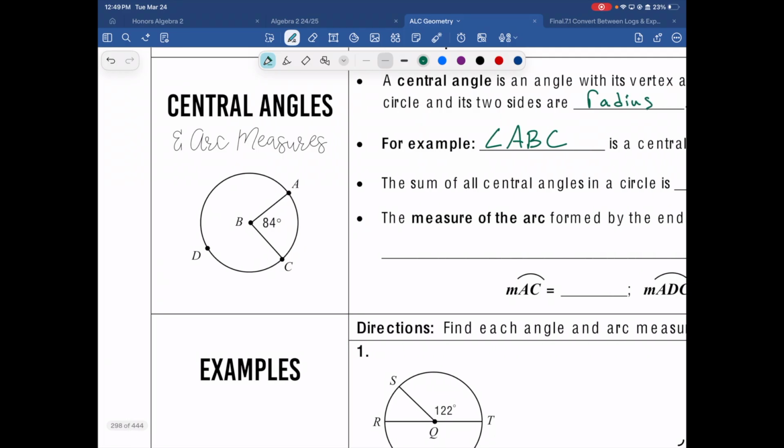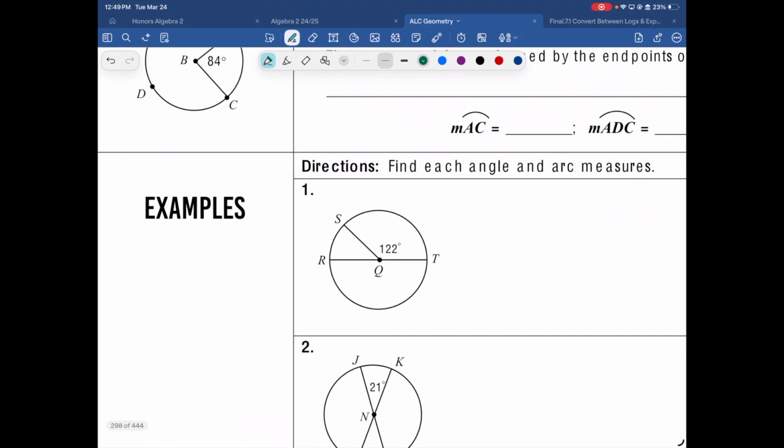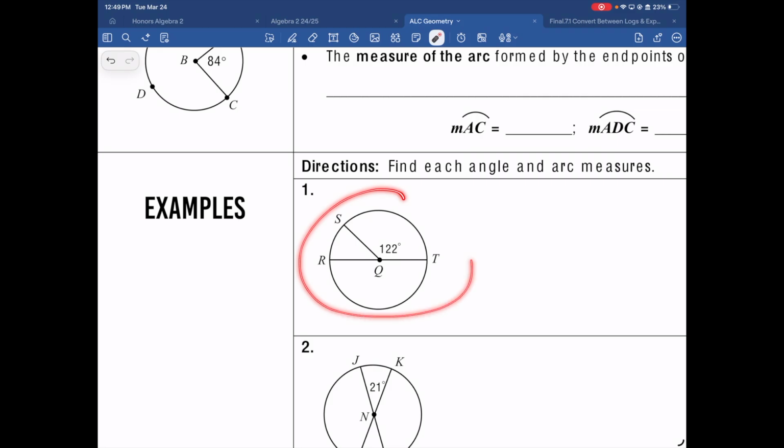In this case, we really only have one angle, 84. If we look at this example, which we'll do in just a minute, there's an angle here that's 122, and another angle here, and another here. All of these have to add up to 360 degrees. It's the circle, so they have to add up to 360 degrees.